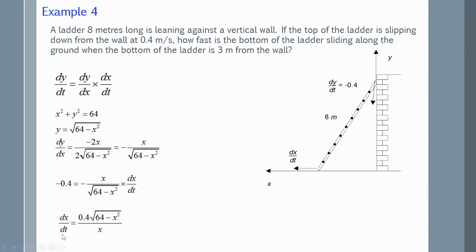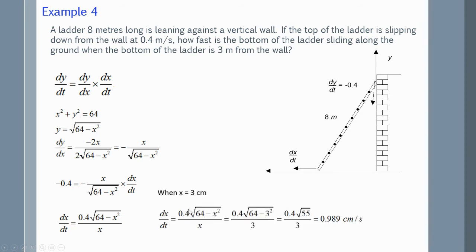Rearrange the equation. dx/dt is this expression, and we wish to find it when x equals 3. So we replace x with 3. 64 minus 9 is 55. That's the exact answer, or 0.989 centimeters per second to 3 decimal places.